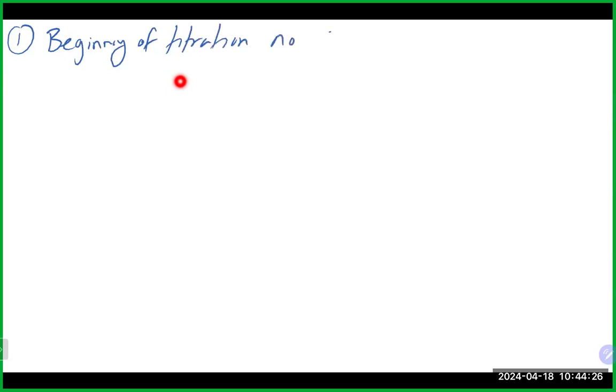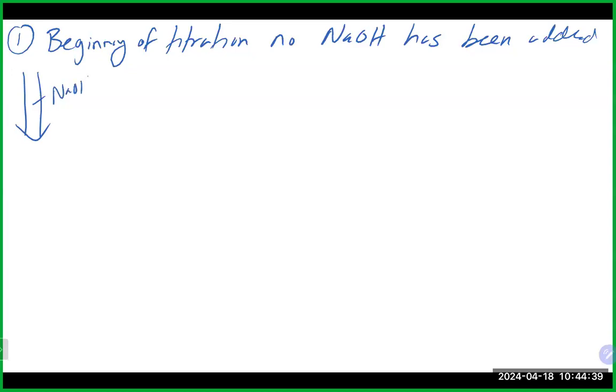Basically, no sodium hydroxide has been added. So at the very beginning, we have no sodium hydroxide added. That means if I've got my burette here of sodium hydroxide, I did not turn it on yet. That means really the only thing I have in my flask is my hydrochloric acid. So if I wanted to get the pH of my hydrochloric acid at this point, how do I get the pH of hydrochloric acid?